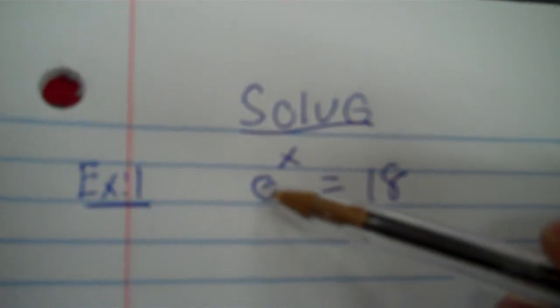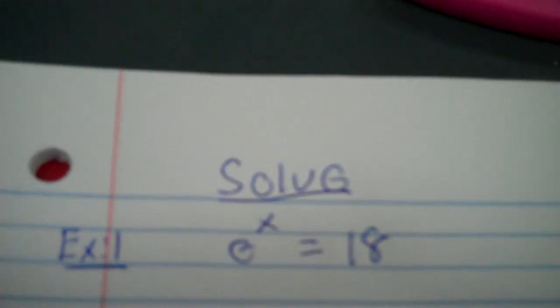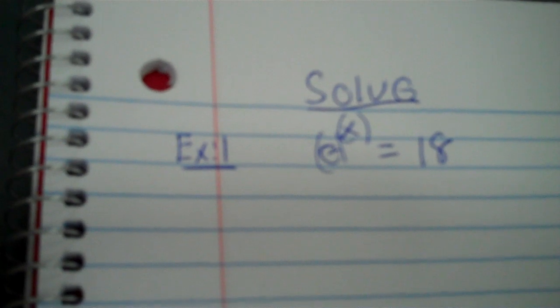Now, you're not going to write that in there for e. Okay, I don't want you to do that. When you have e, what you want to do is parenthesize the base and the power, and you're going to get rid of the e, and here's the inverse operation. Like the opposite of a plus is a minus. If I want to get rid of a times, I divide. If I want to get rid of a divide, I times. If I want to get rid of an e, I do this thing called ln, okay?